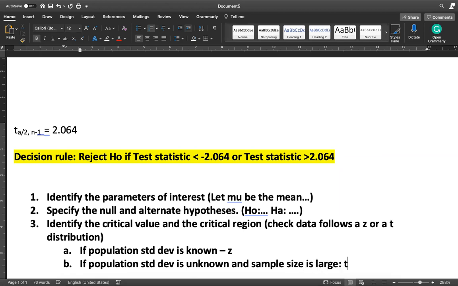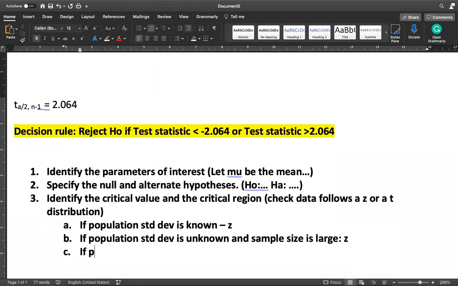We use a Z. We still use a Z. Okay. Then if population standard deviation is unknown and sample size is small, then we use a T.